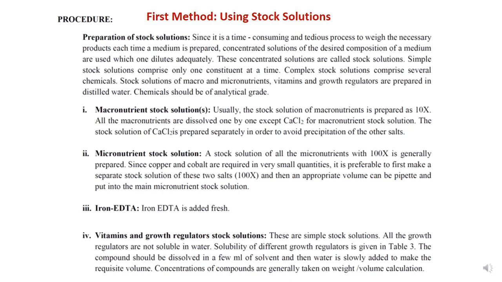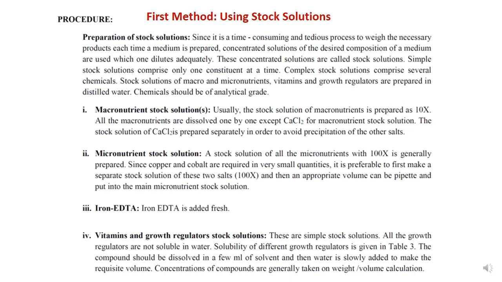So as we have just discussed, a stock solution we can keep for a long time in refrigerators. Generally, when the macronutrient stock solution is formed, it is made in the concentration of 10x. And when we make micronutrient stock solution, it is made in the 100x concentration.